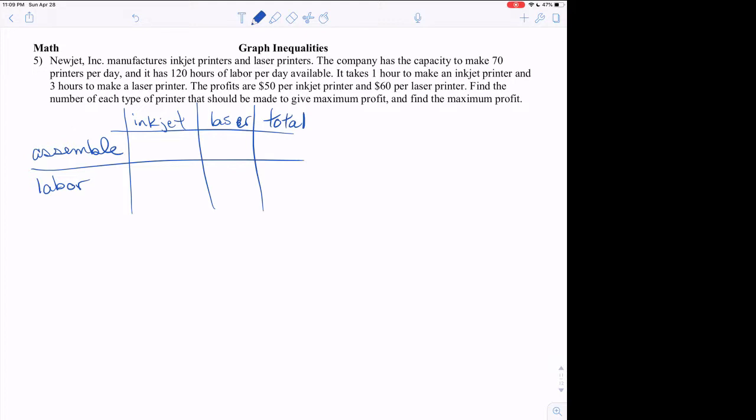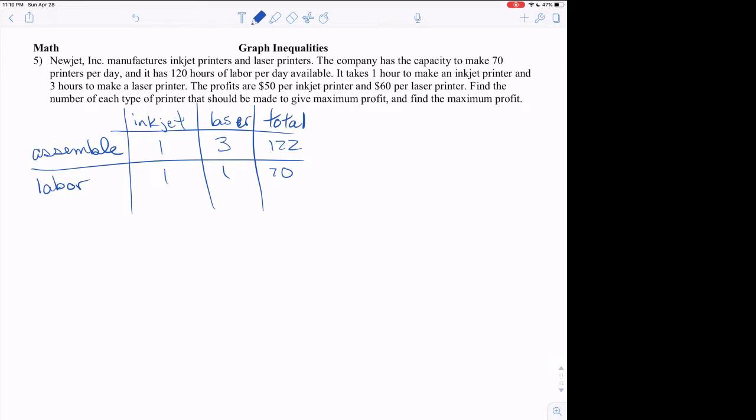Okay. And so it costs 1 for the jet, 1 hour, and 3, and our total is 120. And the labor is 1, 1, and 70. Now, it never tells you the labor.